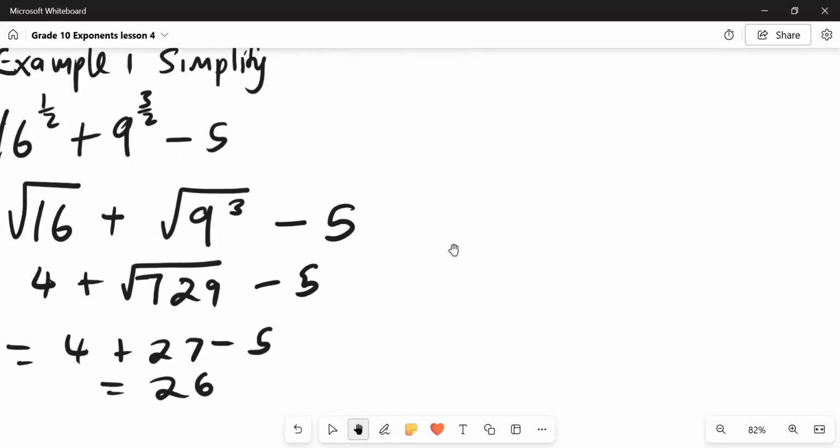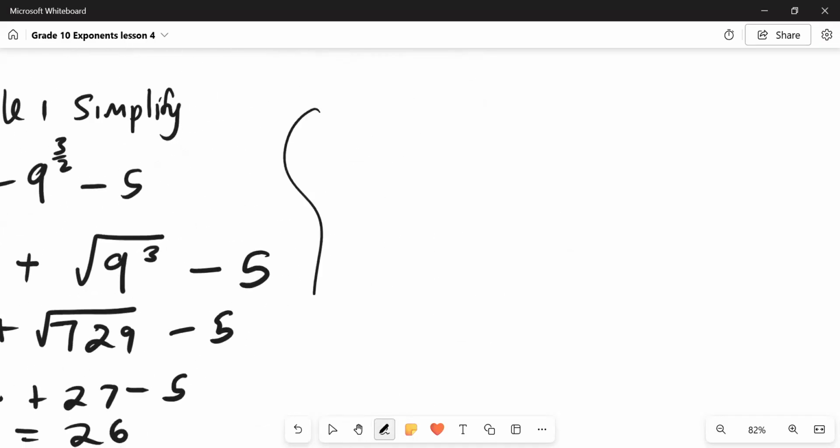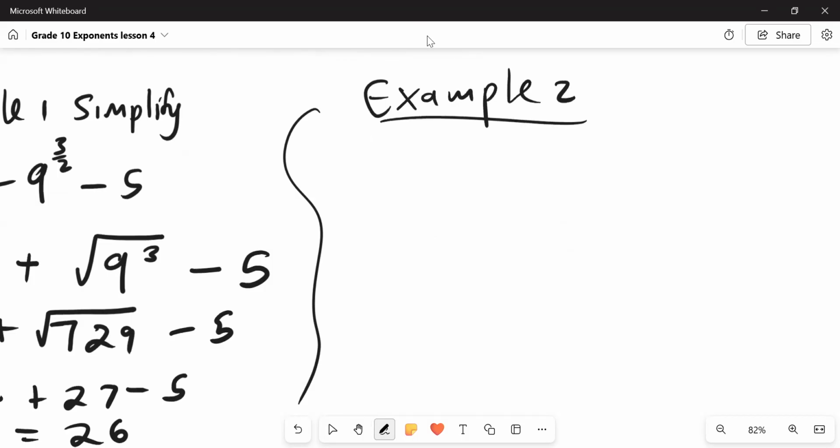And then example 2. We're still simplifying. For example 2, show that root 8 is equals to 2 root 2 without the use of a calculator.